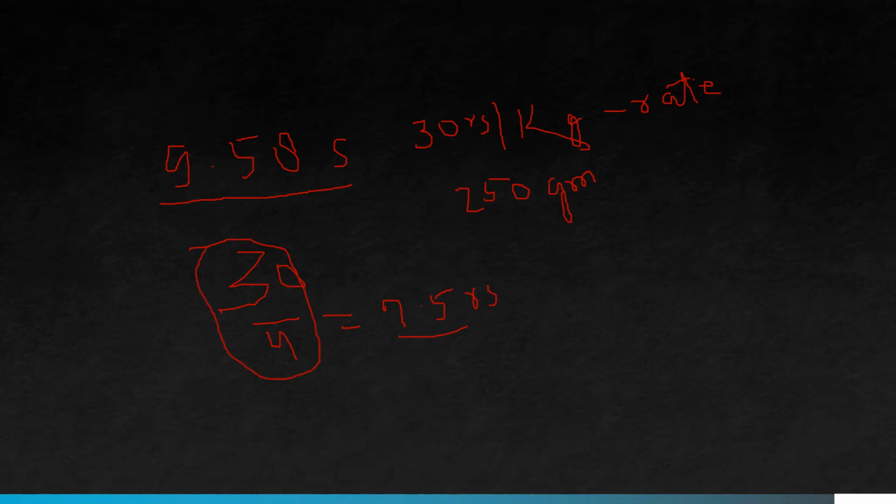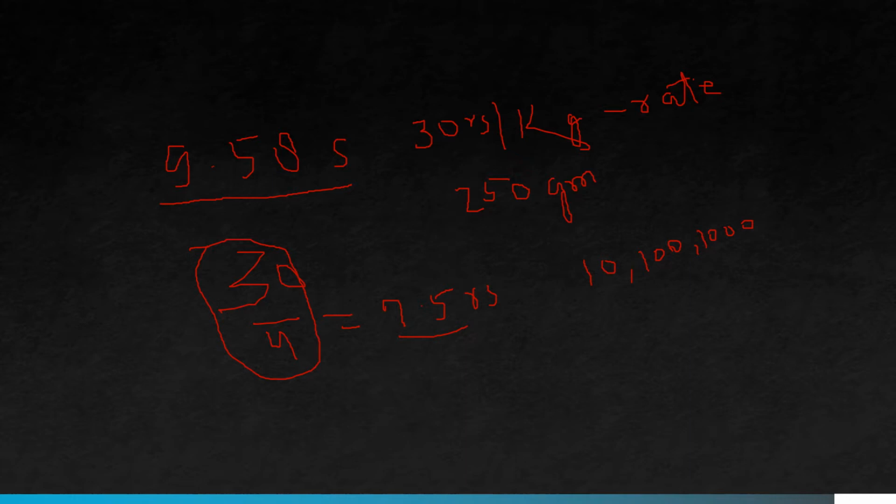So decimals are the fractions with some denominator, and if you simplify this, I'll explain in the next topic, the denominator will be coming like 10, 100, 1000, right? So what is the definition of the decimal? Decimals are the fractions with denominator 10, 100, 1000, etc.